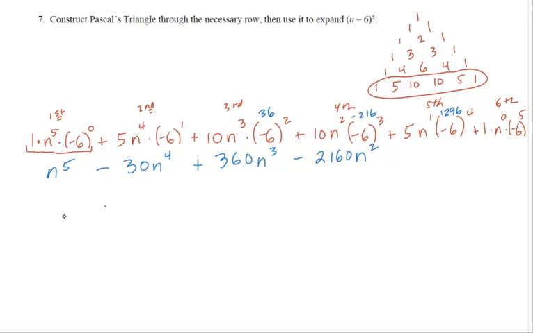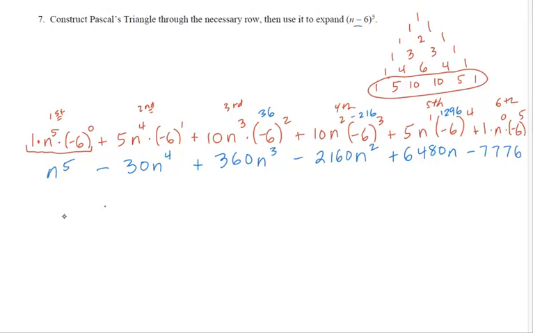And we get 6,480 positive. 6,480 n. And then finally, 1 to the 0 is 1, and we're going to do -6 raised to the 5th. And that's -7776.